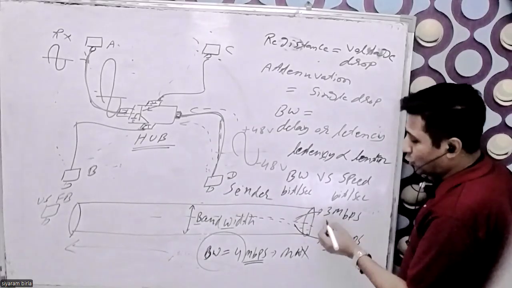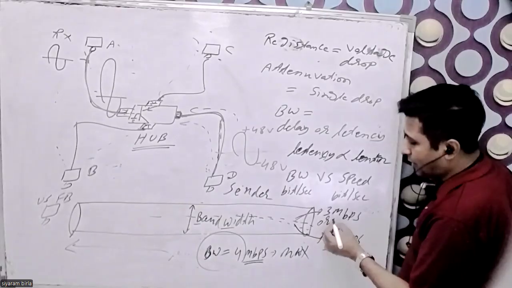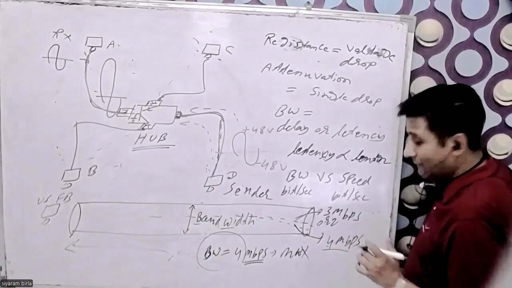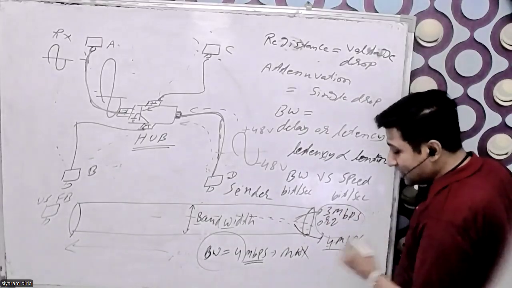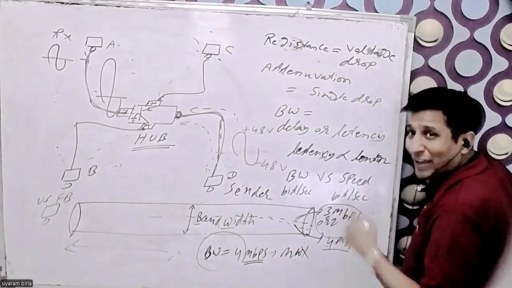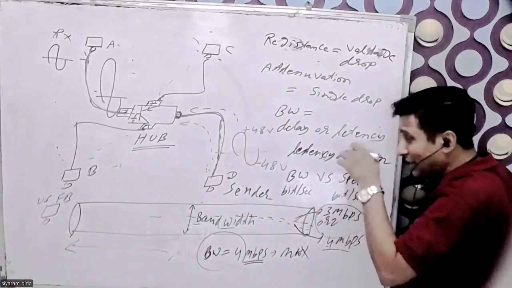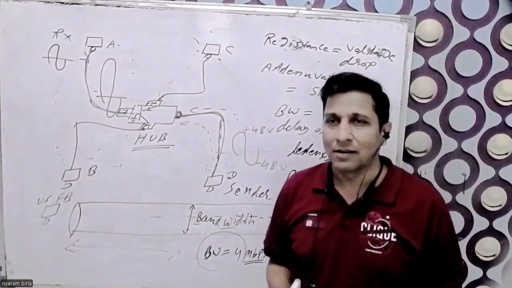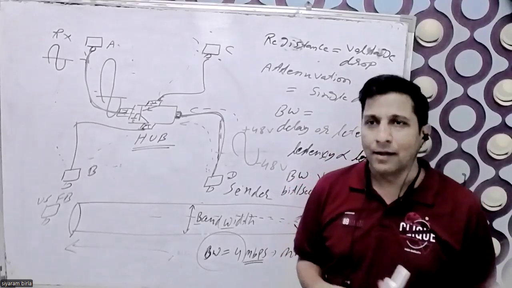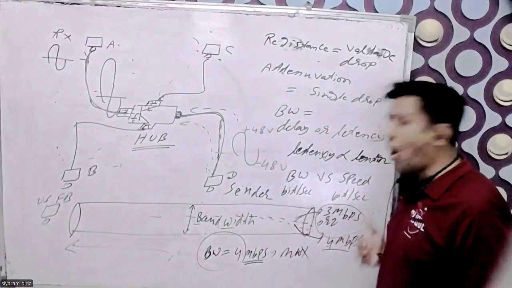In working hours, I'm getting 2 or 3 Mbps. That is called the speed. Speed means current bandwidth, current capacity. The current capacity is 3 or 2.